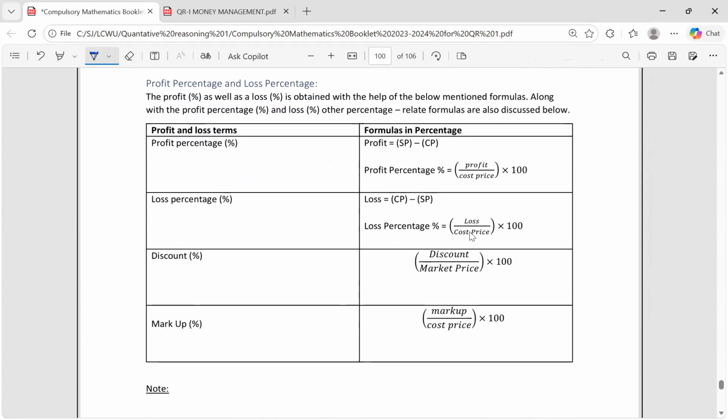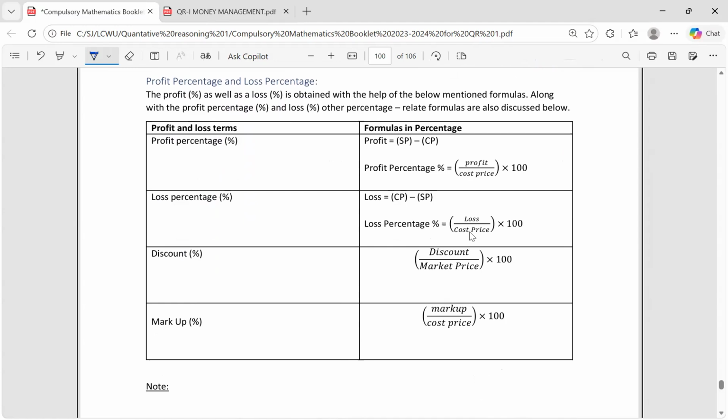Sometimes we have some gain percentage that we'll discuss after discussing formula for profit and loss. Profit percentage is simply the percentage of profit. Similarly, loss percentage is simply the percentage of loss, while discount percentage is the percentage of the discount, that is simply discount over market price multiplied by 100.